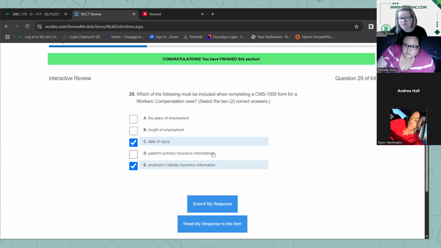It's all going through the employer's policy that they own, right? The length of employment doesn't matter. It doesn't matter if they were employed a day or 20 years. They're going to be treated the same. And like I said, the place of employment is more like the business that it is, but we're looking more for that direct policy information. But yes, that date of injury, definitely, right off the top.